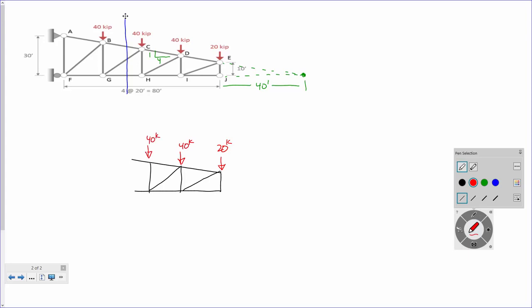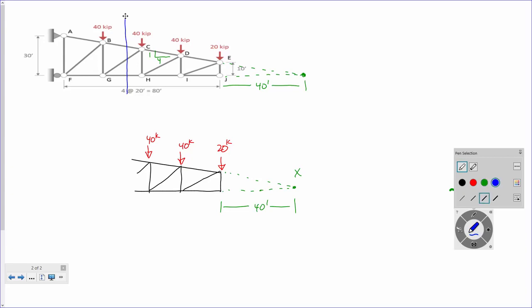And then I've got my point out here in space. We'll call it point X, whatever. This dimension is 40 feet. Just to have that there.